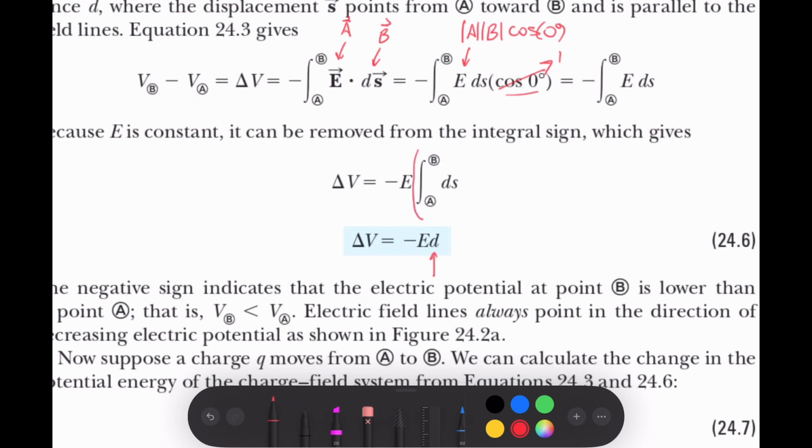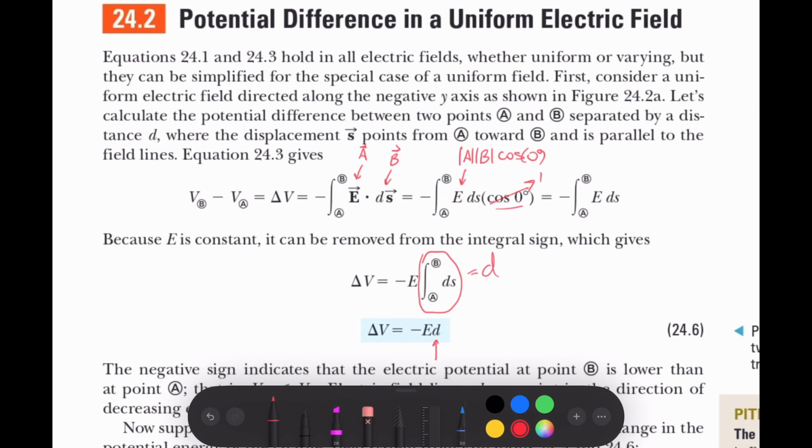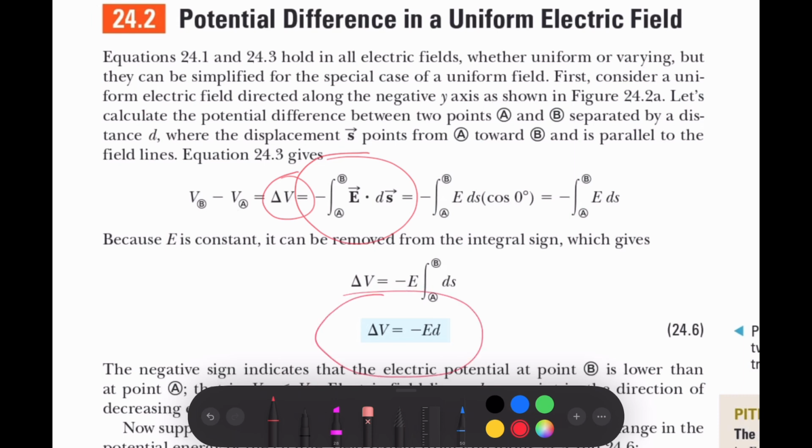So this entire thing is equal to d, because again, they tell you that points A and B are separated by a distance d, where the displacement S points from A toward B. So this was the first and most simple use of this integral. The integral that we got over here, which is literally the definition of electric potential, and they get to this simple equation: delta V in a uniform electric field is E times d.